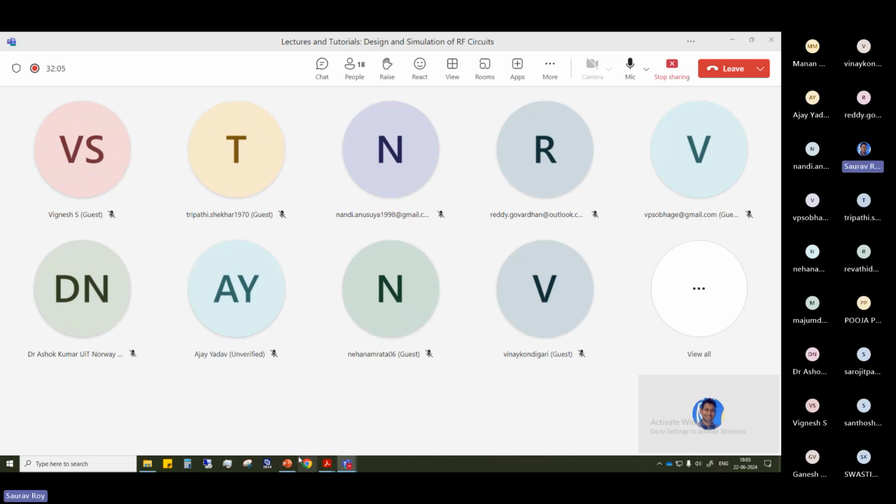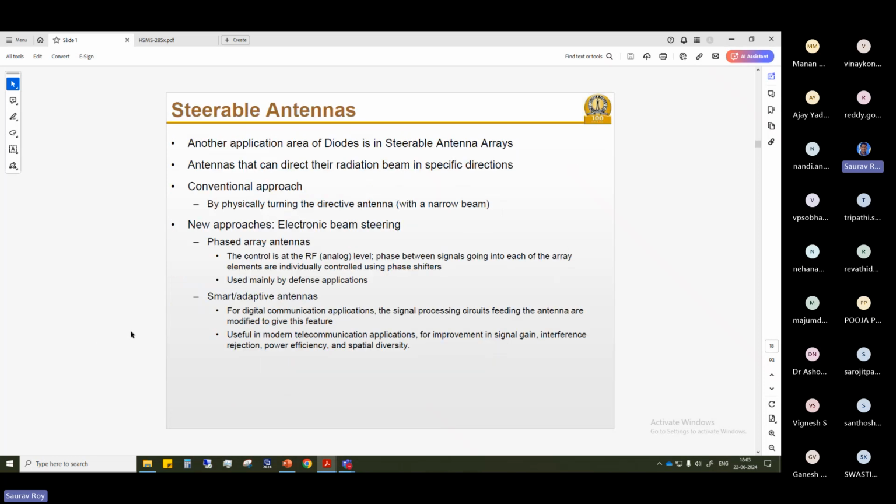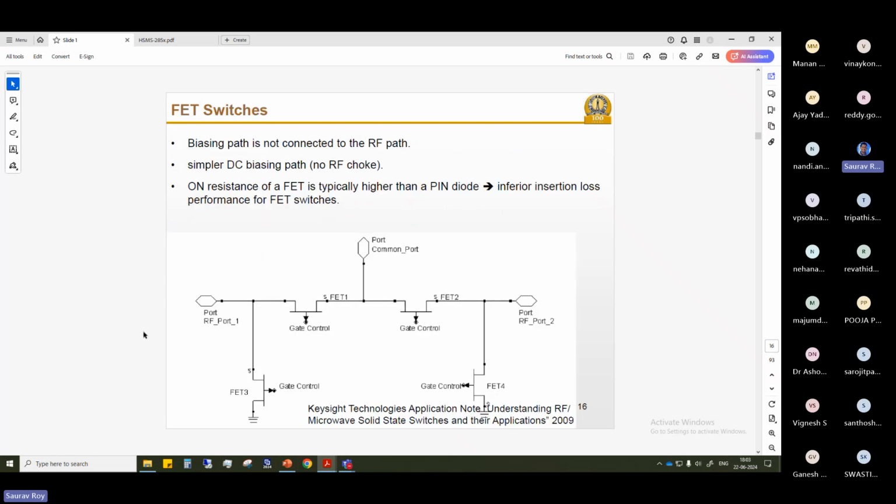Okay, so if not, we'll start today's class. Last week we went through the switches, different kinds of switching circuits, starting from PIN diodes and FET switches.